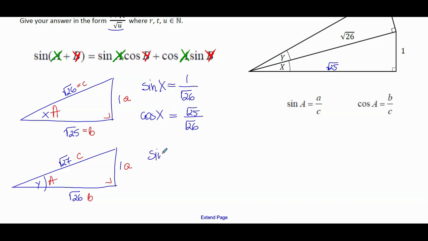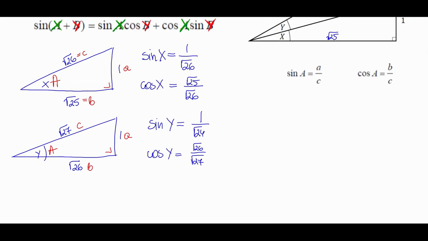So sine of Y will be what? A, which is 1, divided by C, square root of 27. And cos of Y will be B, which is square root of 26, divided by C, square root of 27. Should be 27. Okay, so now we can write out our calculation.